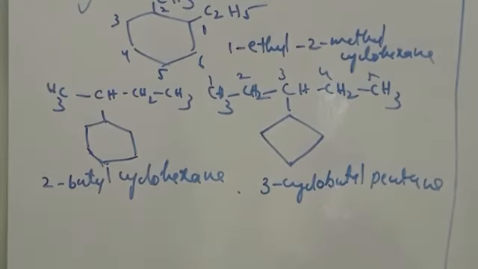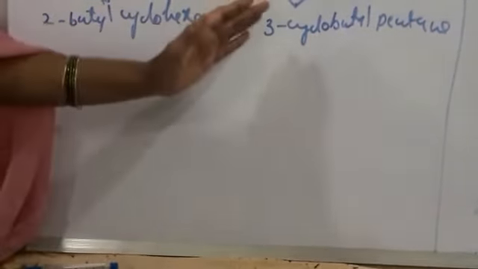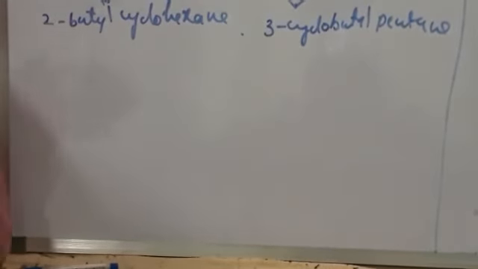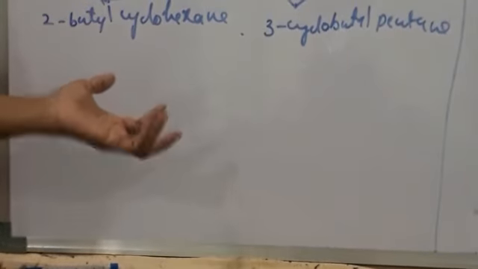Then if functional groups are linked with the alicyclic ring, we consider the functional group chain as the main chain, and the alicyclic ring itself is considered the substituent.